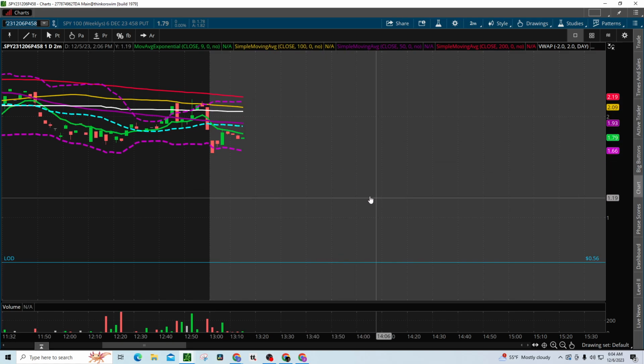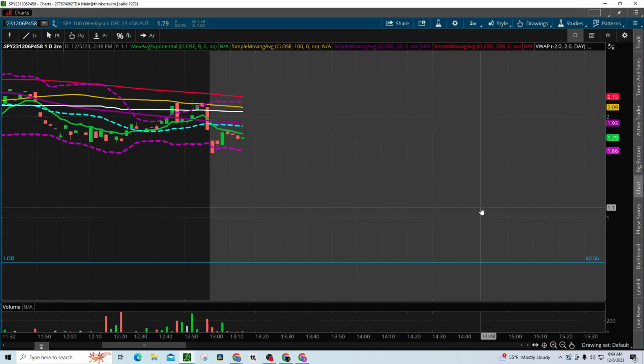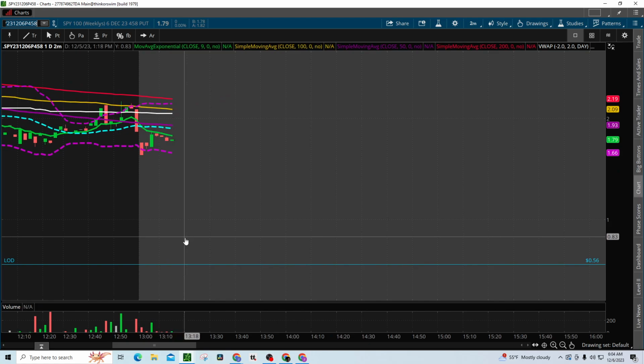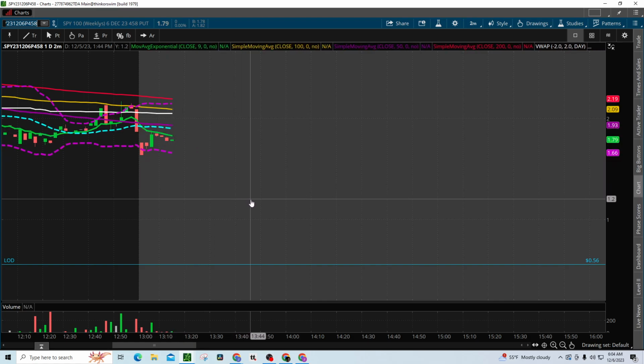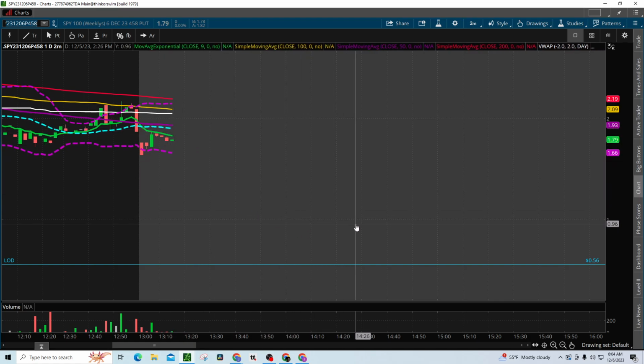These are going to come down. And we cannot buy puts until this 2-minute mid comes down, and then it begins to flatten out and then start to go back up. That would be the earliest time you can buy it.